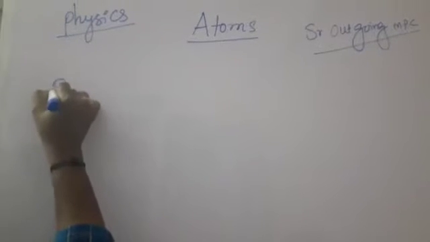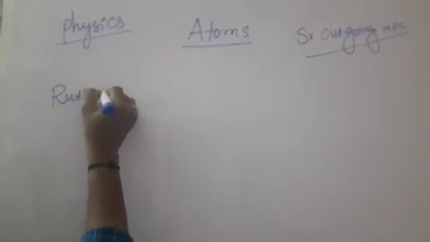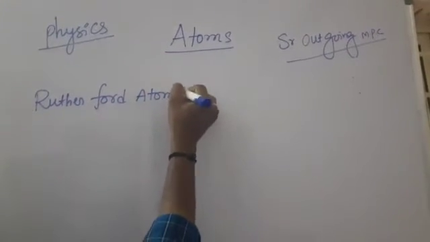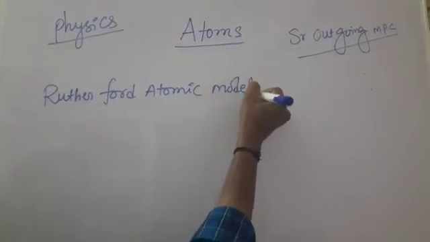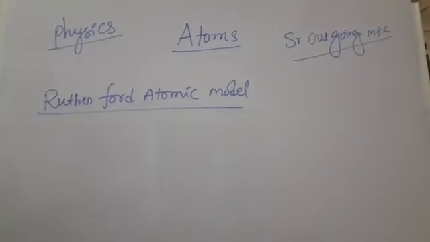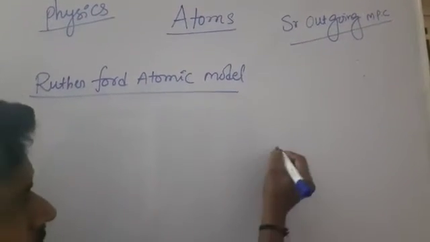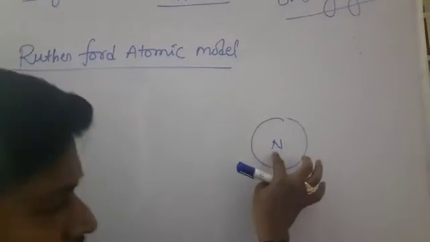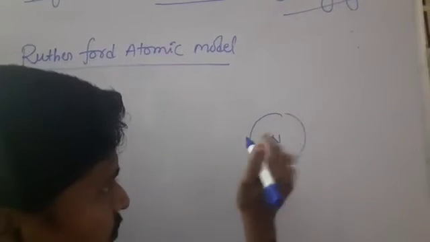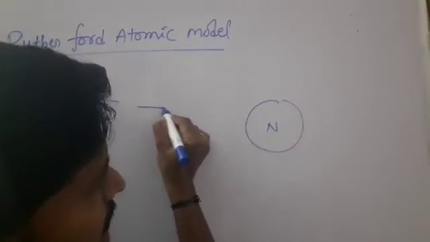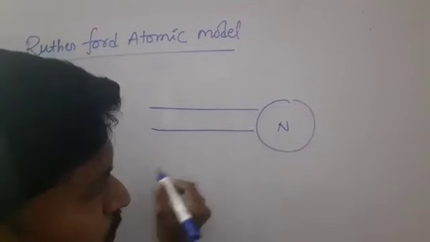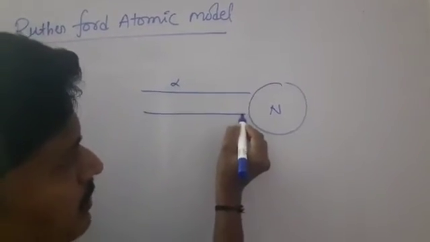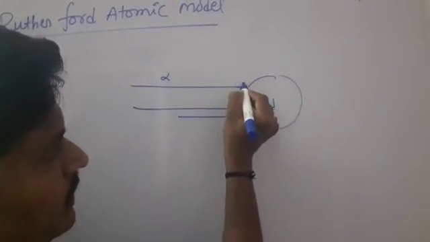Rutherford atomic model. According to this theory, the nucleus is the central part of the atom. Whenever alpha particles are incident on the nucleus, the particles incident at the central part get scattered by 180 degrees.